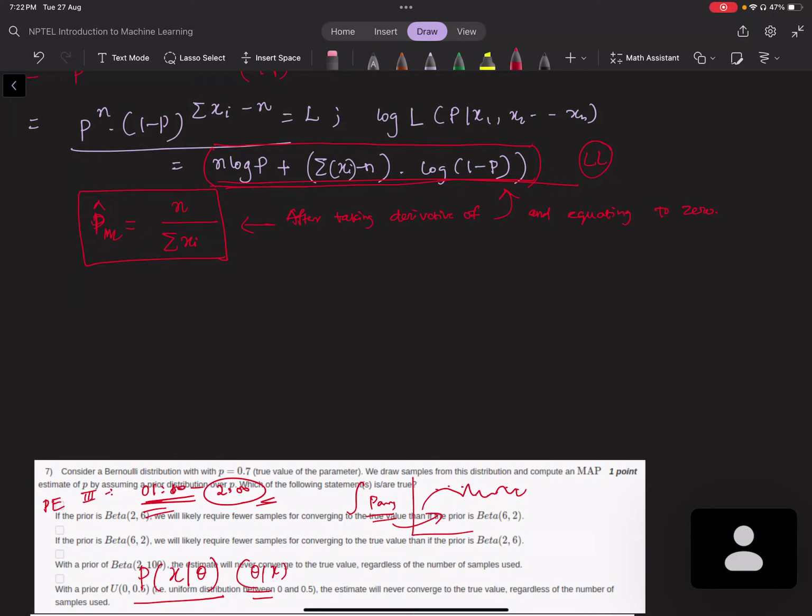So if you substitute the value of this, this is the P where the value is maximum.